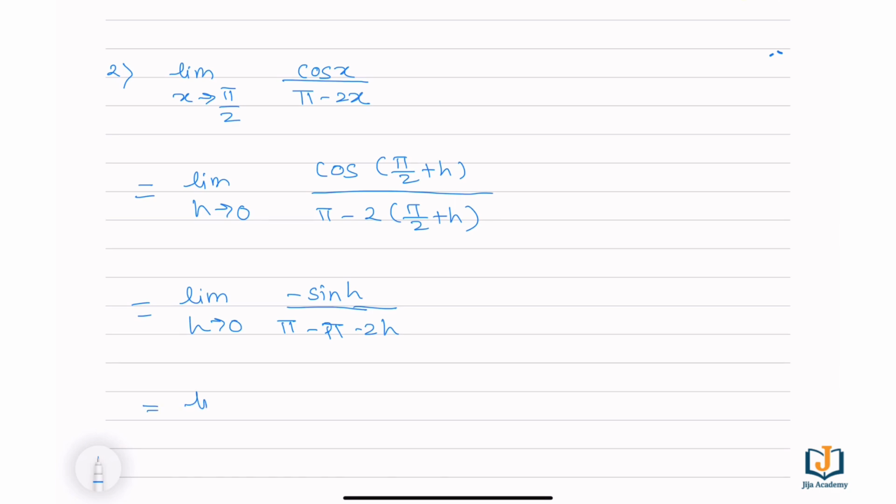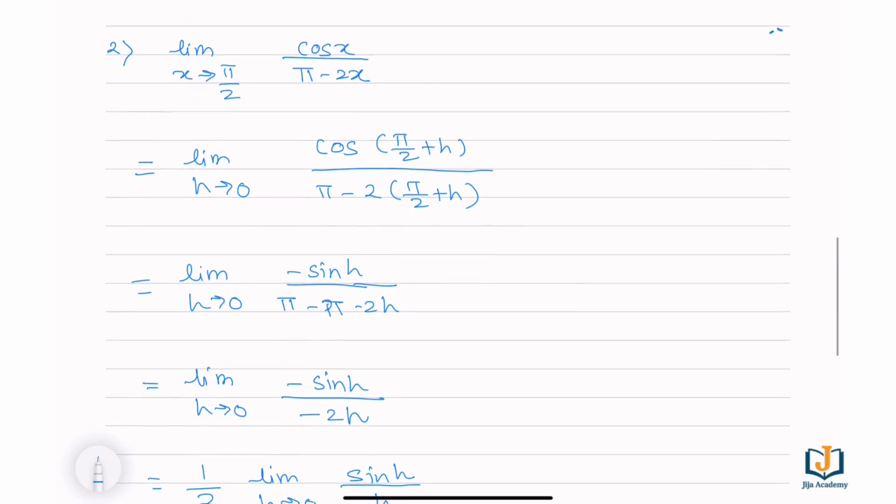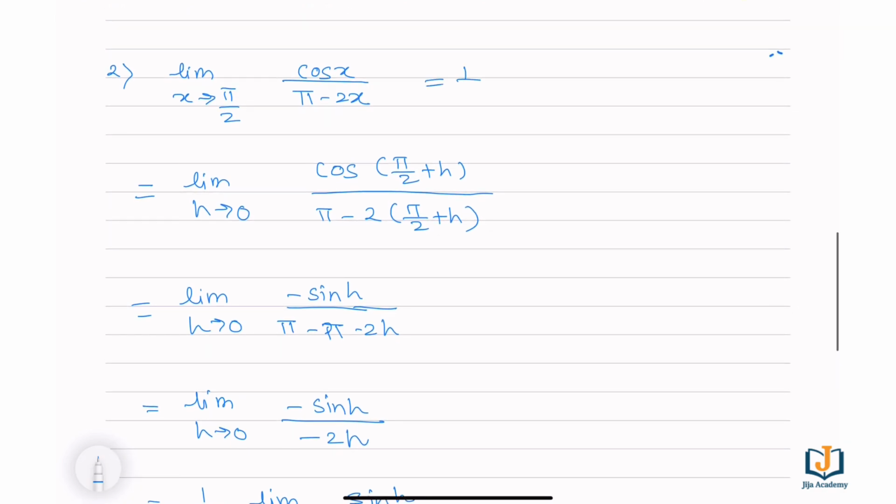So we get the limit as h tends to 0 of minus sin h divided by minus 2h is equal to 1 upon 2 times the limit as h tends to 0 of sin h upon h. So this term is equal to 1. So we get here the answer is equal to 1 by 2.